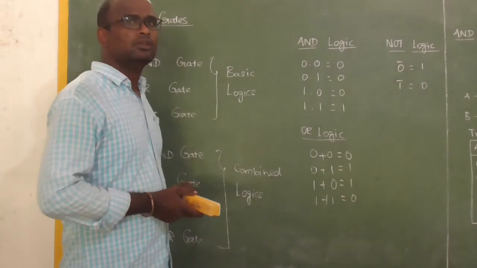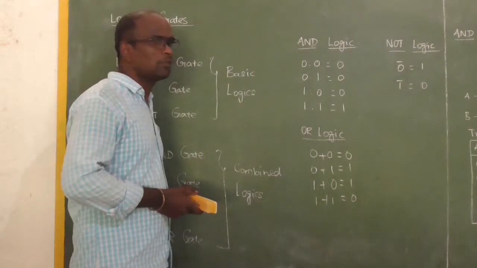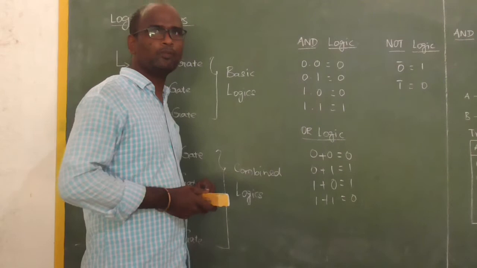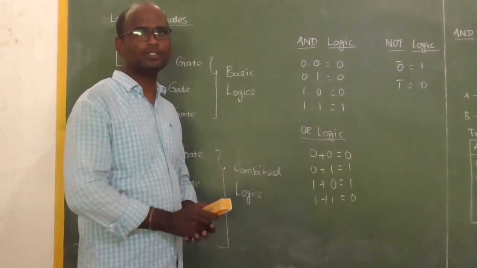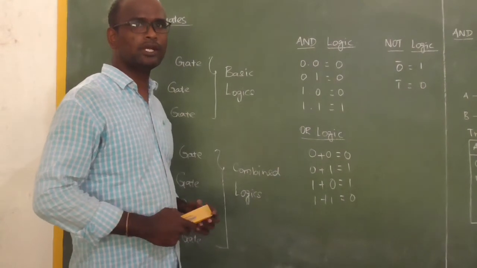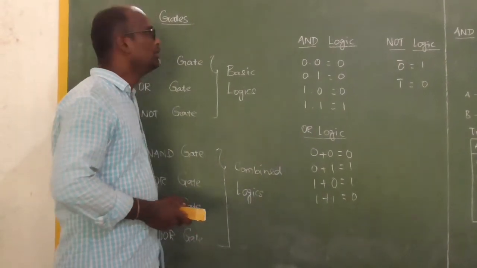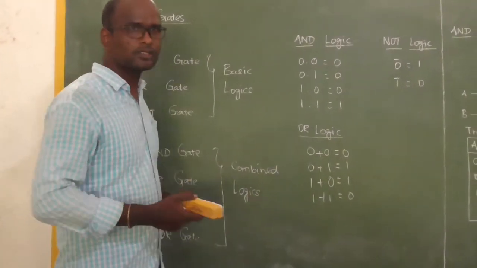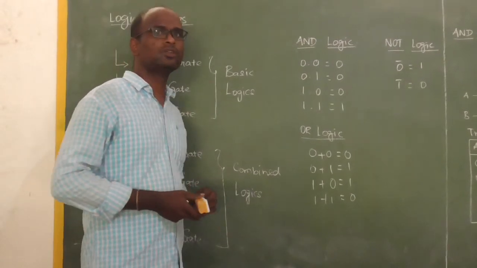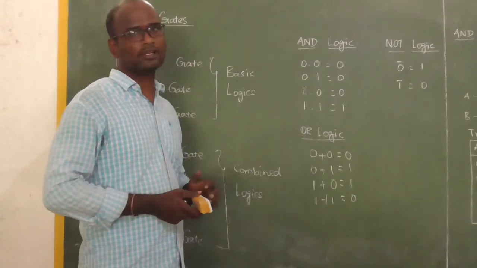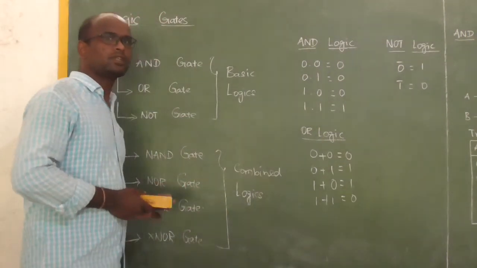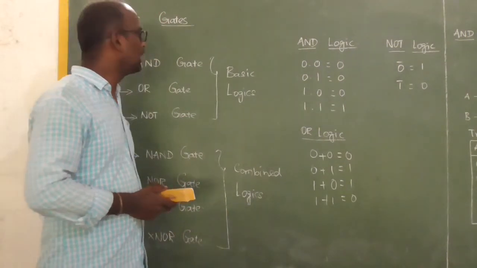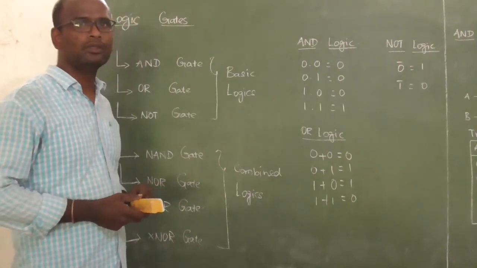But these logical operations should be performed by a digital computer, a digital system, so we have to design logic circuits to perform them. Those electronic circuits are referred to as logic gates.